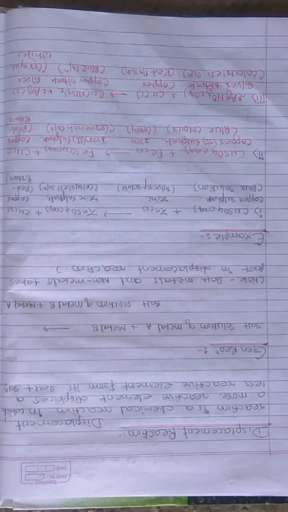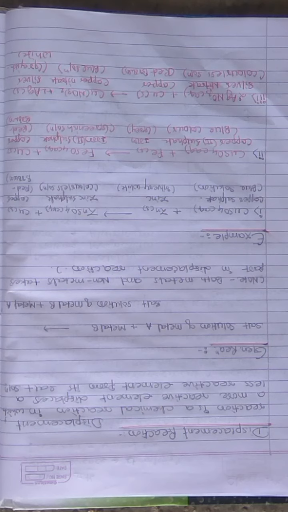Iron has a gray color, and this iron displaces copper from the copper sulfate solution and forms ferrous sulfate, and we are getting copper. So in this way this displacement reaction takes place.